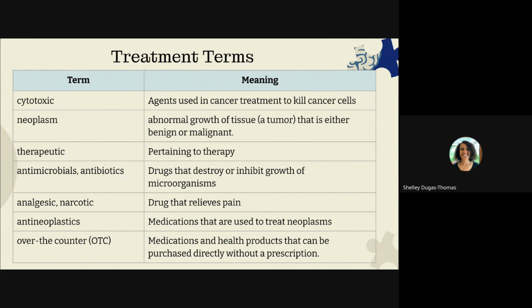Antineoplastics are anti, which is against, plus neoplasm, which is tumor, medications designed to fight tumors. Antimicrobials or antibiotics are drugs that inhibit or destroy microorganisms. OTC is an abbreviation for over the counter. No prescription is required for these.